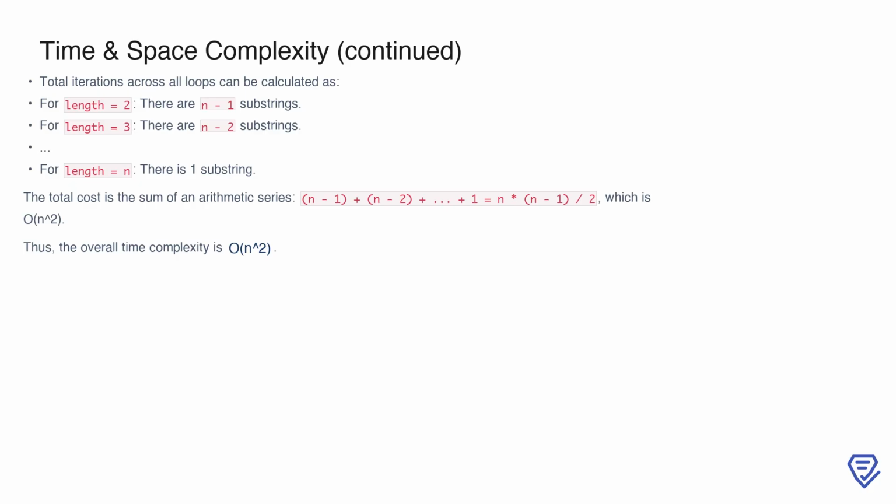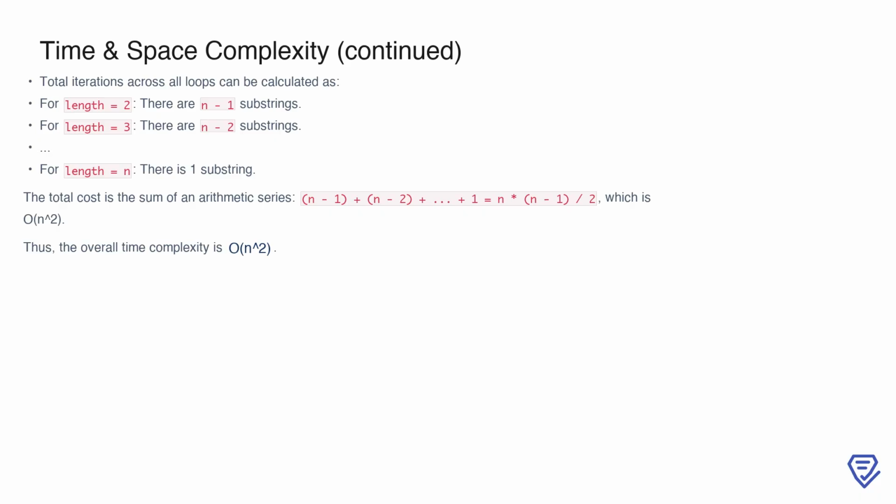Now, let's quantify the total number of iterations involved in filling the dp table. For substrings of length 2, there are n-1 possible starting points. For length 3, there are n-2 starting points, and so on, until for length n, there is just one substring. Summing these values forms an arithmetic series, (n-1) plus (n-2) plus ... plus 1, which simplifies to n(n-1)/2.